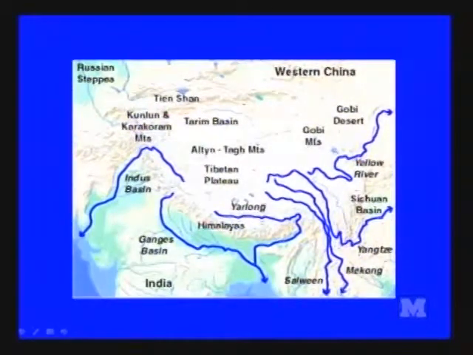And here you can see in Asia, the Indus River, the Ganges, the Brahmaputra, the Mekong, the Yangtze, the Yellow River, all the major rivers of South Asia have their headwaters in the Himalayas and the Tibetan Plateau. And there are probably anywhere from 20 to 30,000 glaciers in this region feeding these streams. And these glaciers are receding, they are thinning, they are melting. And the projection of when we might lose these glaciers is certainly not immediate.